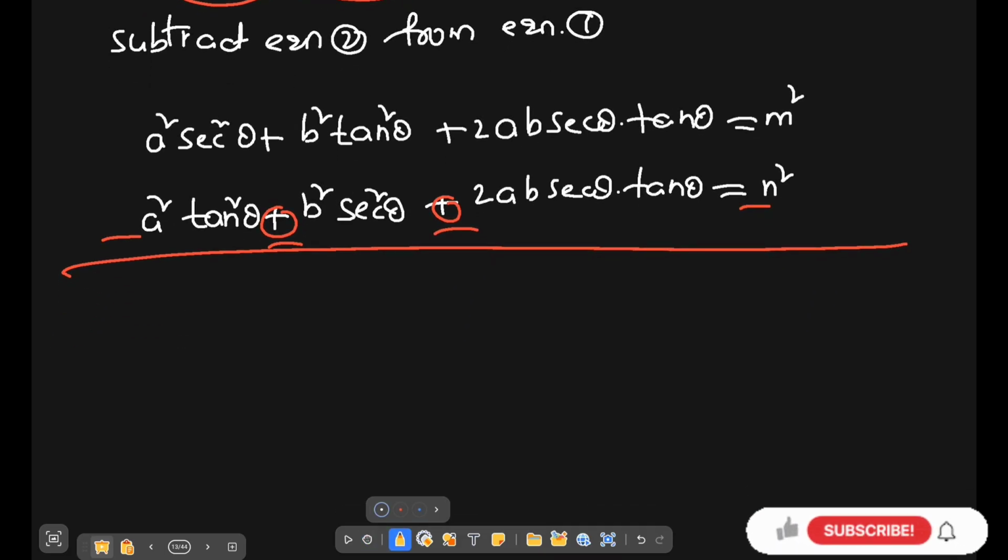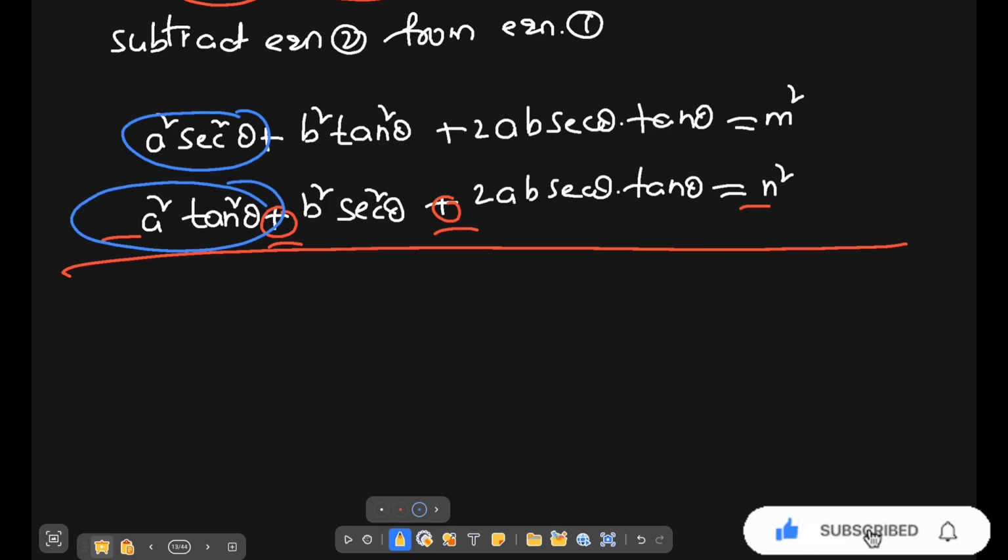What do we have here? We will have a square sec square theta minus a square tan square theta.